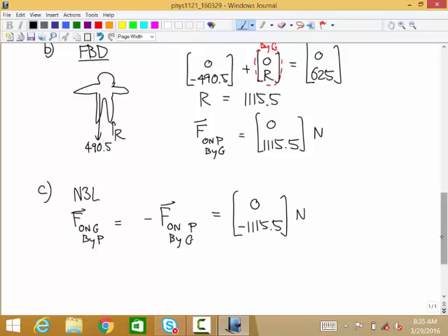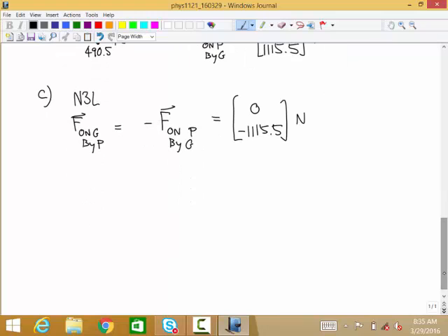And then the last one is just a kinematics problem. Just a free fall problem.